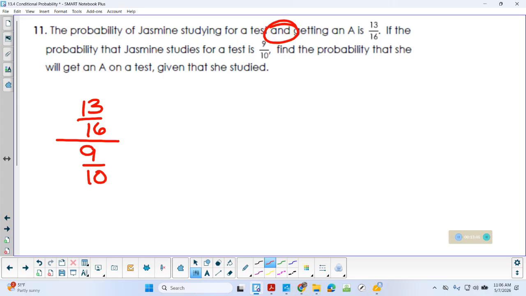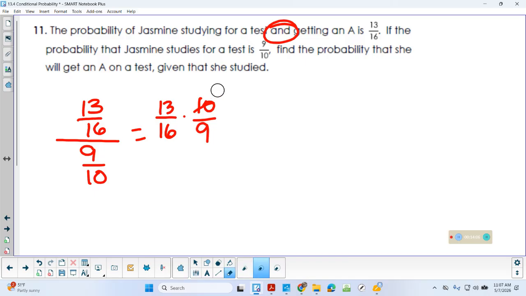Now this one, because you have those different denominators, I can't just shortcut it. I'm actually going to have to do the fraction work. Or you can do it in your calculator, of course. Multiply by the reciprocal. Okay. Now, because I'm rocking without a calculator up here, I'm going to reduce 10 and 16. 2 goes into both of those. 2 goes into 10 five times. The other one's 8.